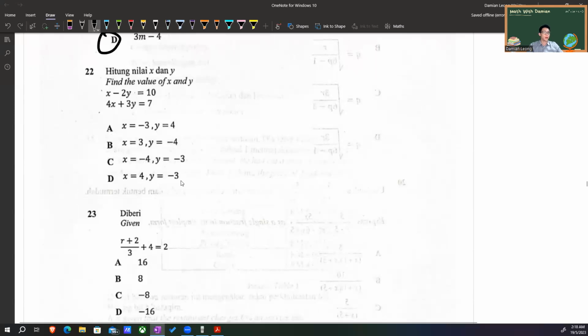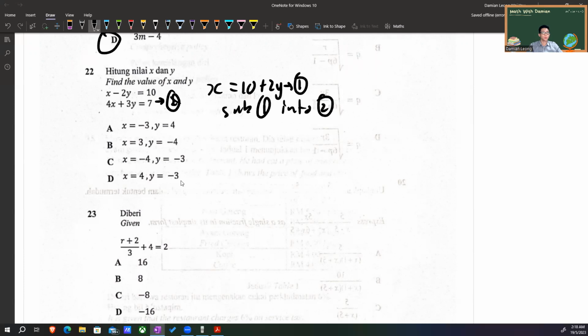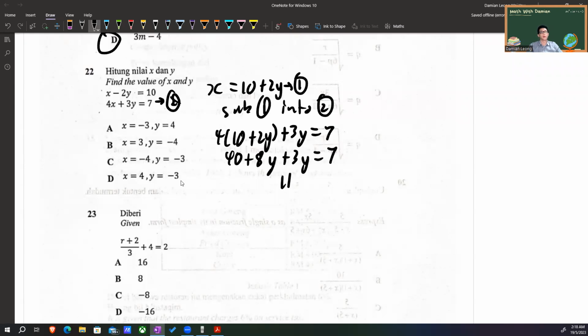Calculate value of x and y from here. So I use simultaneous equation. Up to you whether you want to use elimination or substitution. Let's say I use substitution. x equals 10 plus 2y, equation 1. Equation 2. Substitute 1 into 2. 4 times 10 plus 2y plus 3y equals 7. Times in, 40 plus 8y plus 3y is 7. 8y plus 3y, 11y.